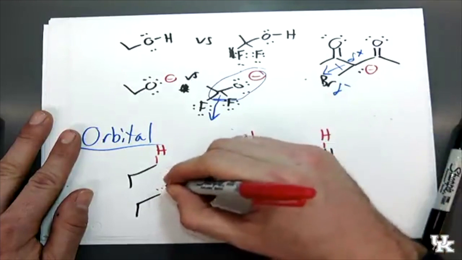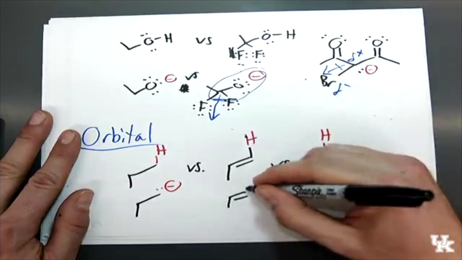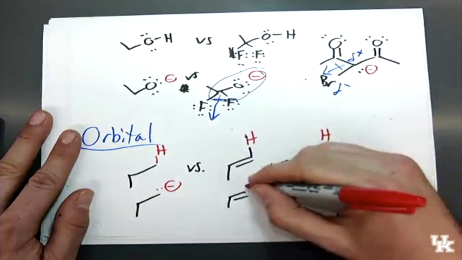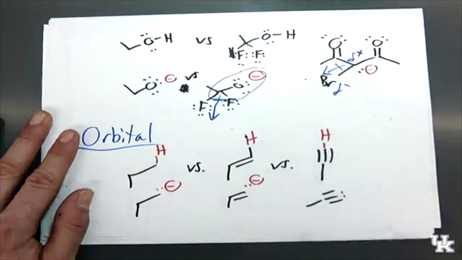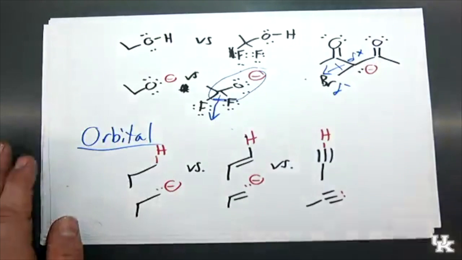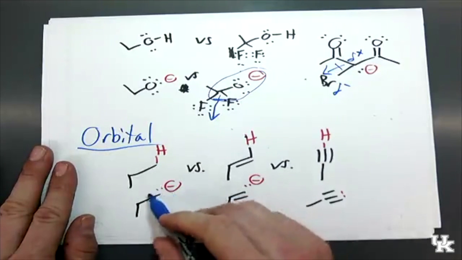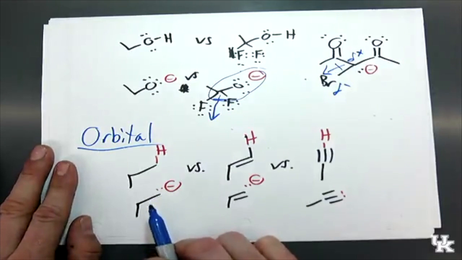Okay, so the conjugate base of this one, conjugate base of this one, and the conjugate base of this one. Does everybody see that those bond line drawings mean very different things? Now, for the first one, this carbanion here, is it localized or delocalized in any way?